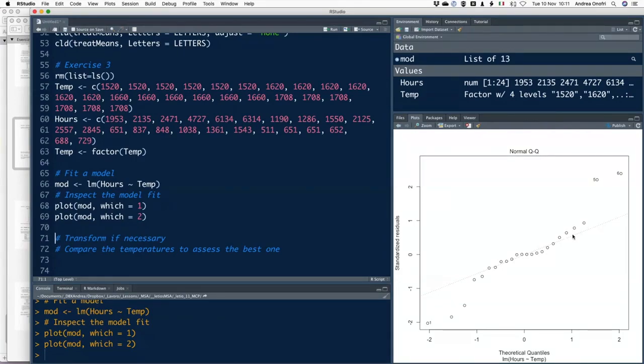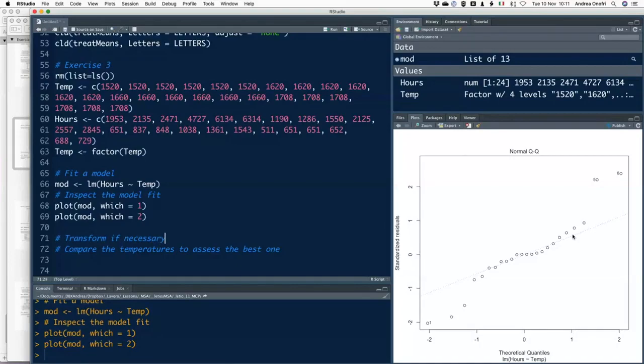Here we have a quantitative variable, the number of hours, but nevertheless, we have clear signs of heteroscedasticity and the residuals are not Gaussian. So we need to take an action.